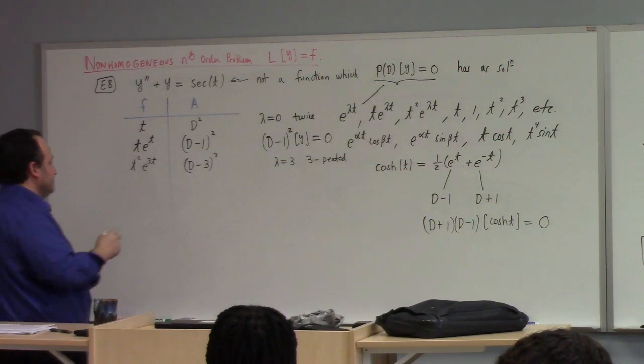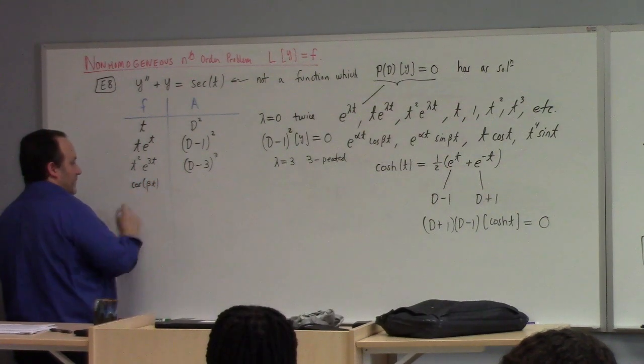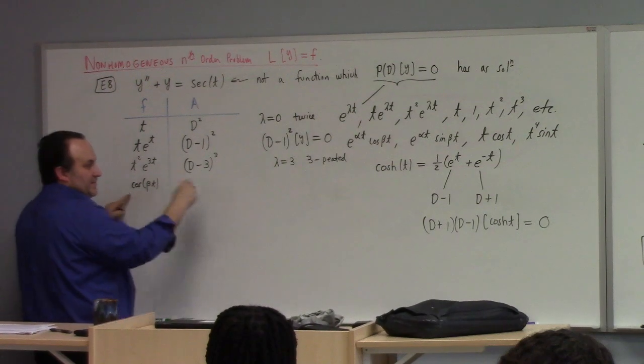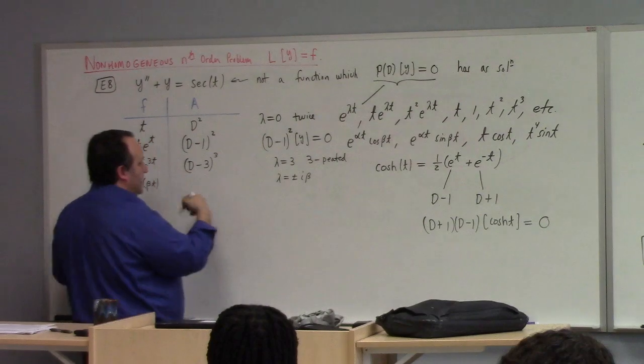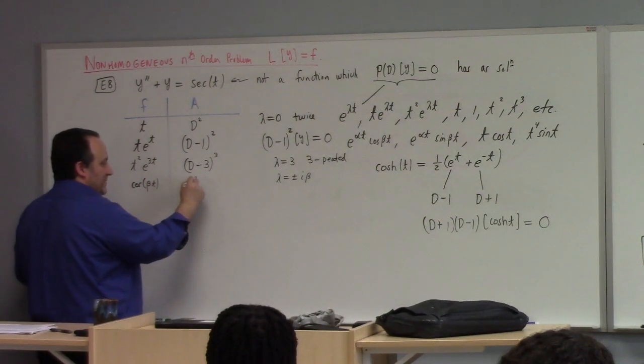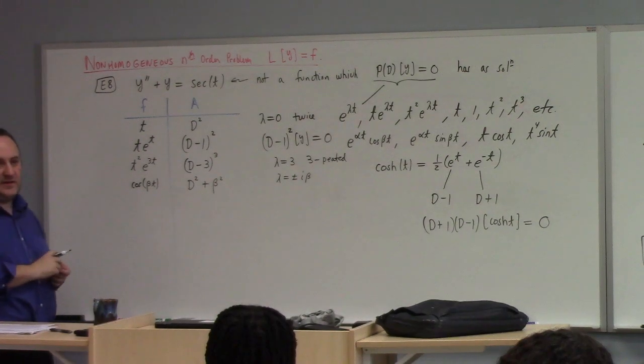Cosine beta t: how do I get rid of cosine beta t? This comes from lambda equals plus or minus i beta. It came from D squared plus beta squared. That's the annihilator of cosine beta t.